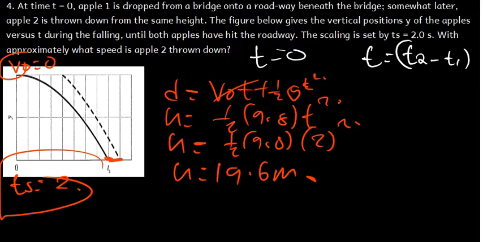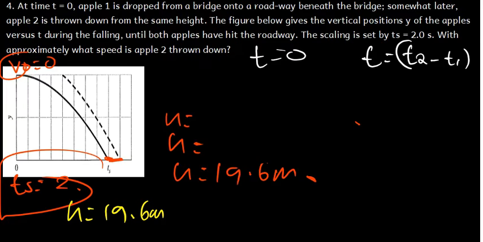Now what we have to understand is that for apple 1 and apple 2 to move the same distance, since apple 2 was delayed by a second, for it to catch up to the first apple, we need to say the original time minus t2. So for the second equation, let me first put this h here, 19.6 meters.